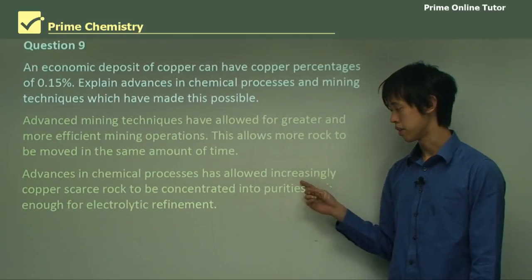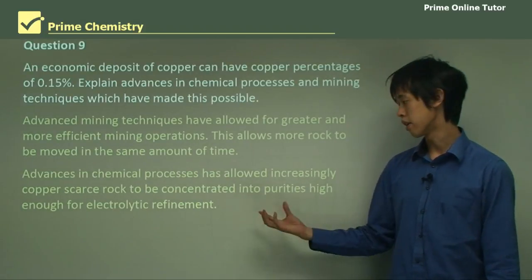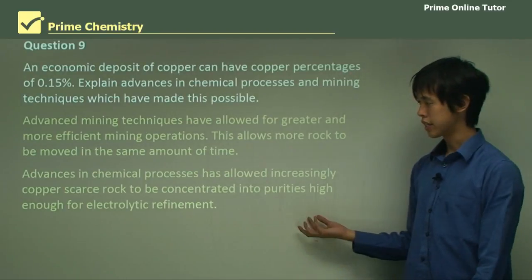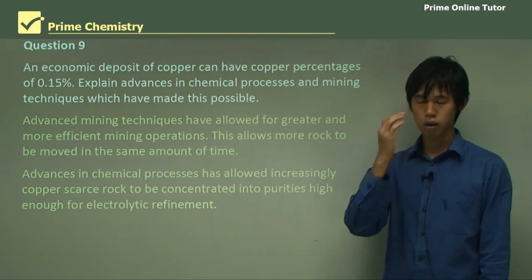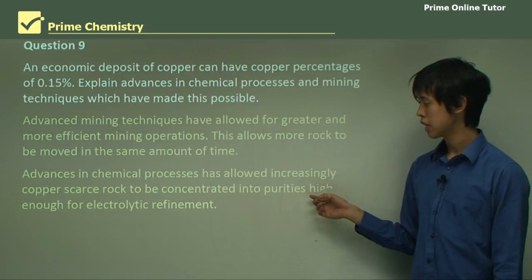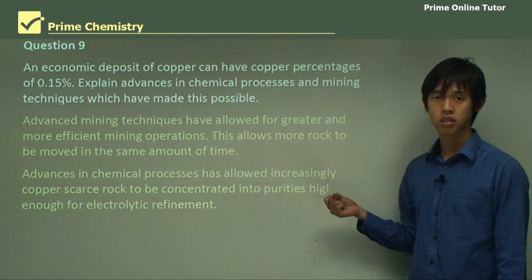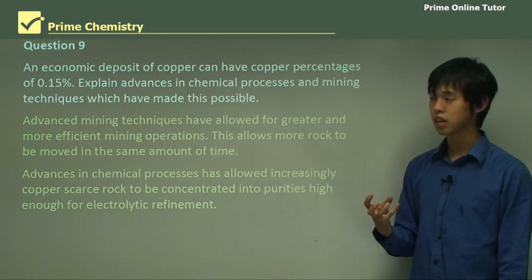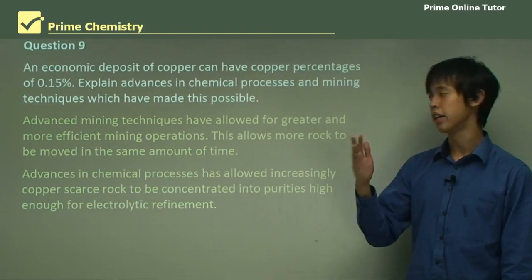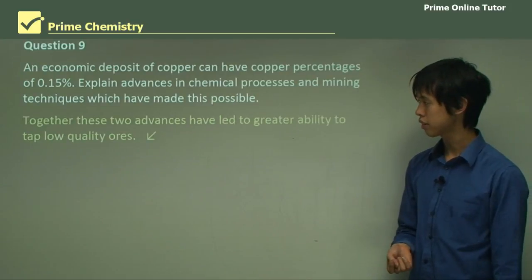Advances in chemical processes have allowed increasingly copper scarce rock to be concentrated into purities high enough for electrolytic refinement. So before we had to have copper ore with a high percentage of copper. But now, because our chemical processes have gotten so good, we can actually use rock with very little copper percentage and concentrate it into very high purities so that we can use electrolytic refinement.